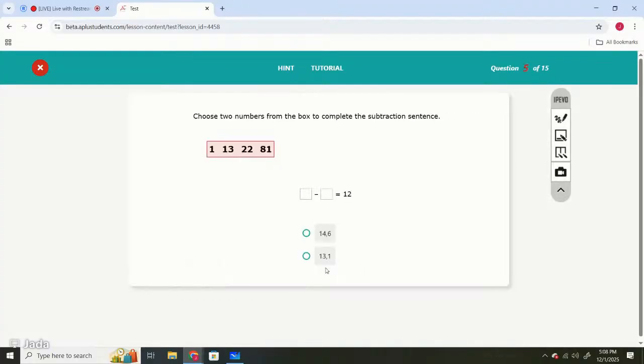Choose two numbers from the box to complete the subtraction sentence. Which two numbers have the difference 12?